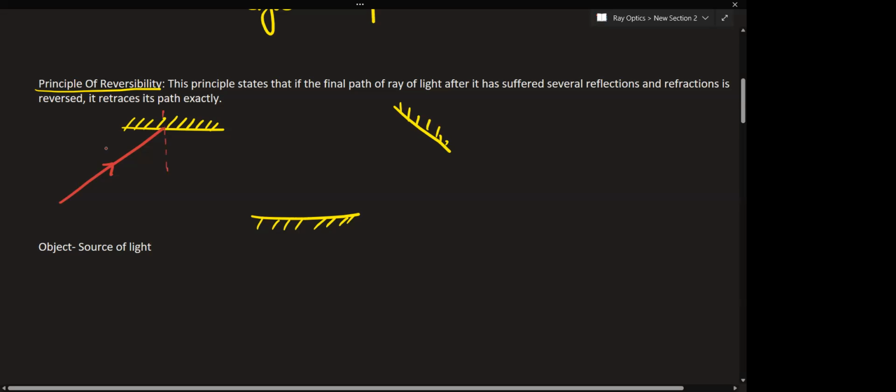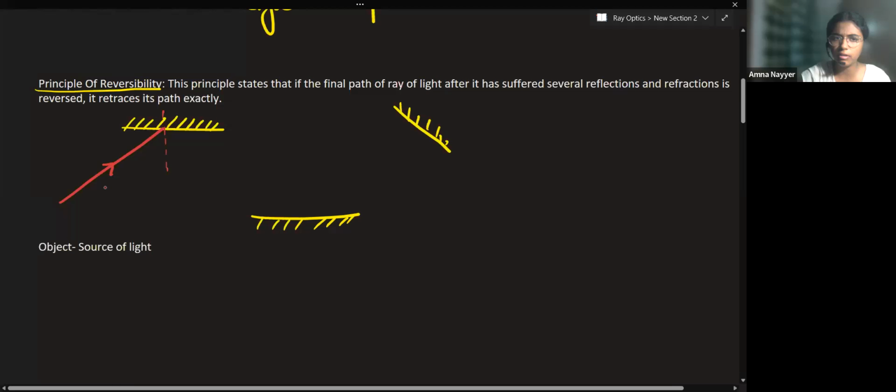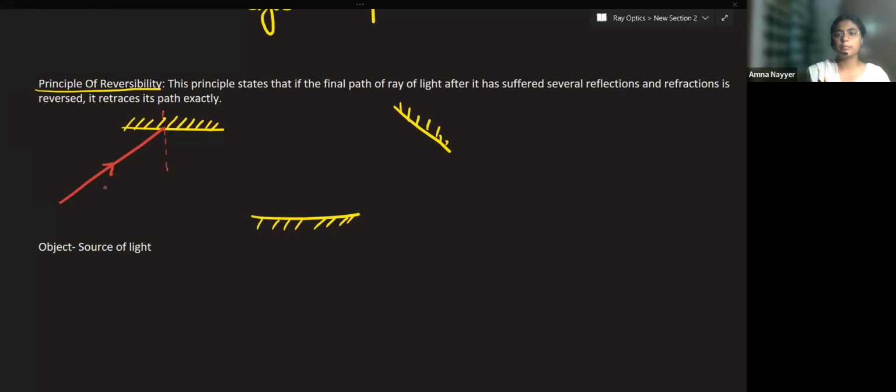Now, see what will happen. Because of the process of reflection of light, this light ray will strike the mirror surface and it will get reflected. By how much degree will it get reflected, or why will it get reflected, that is a process we'll see in reflection, but it will get reflected for sure. It gets reflected and strikes this.